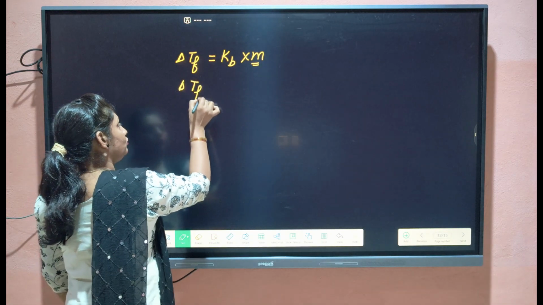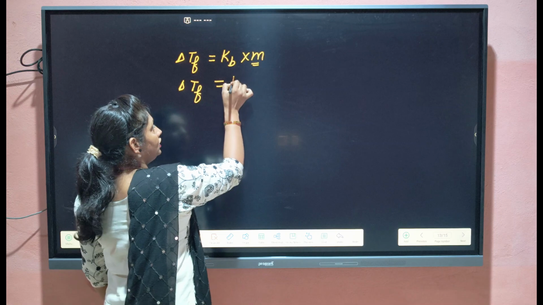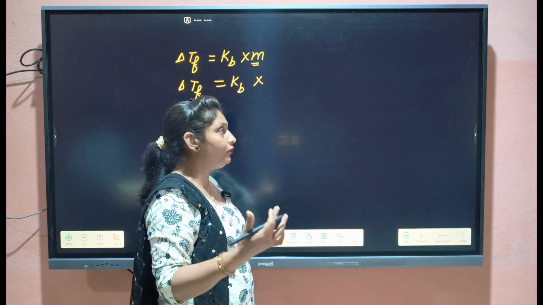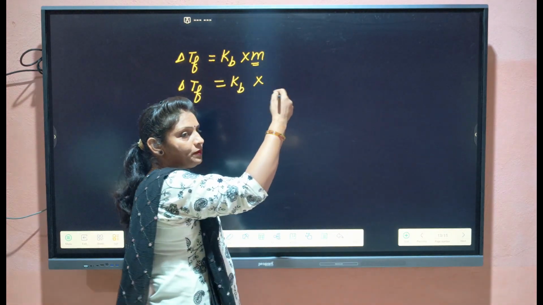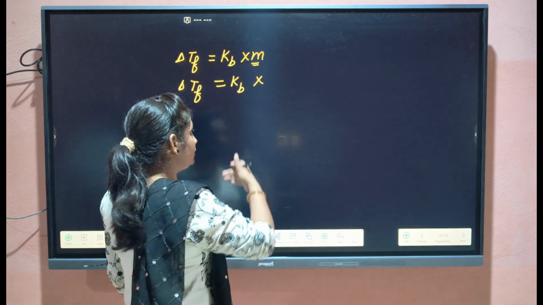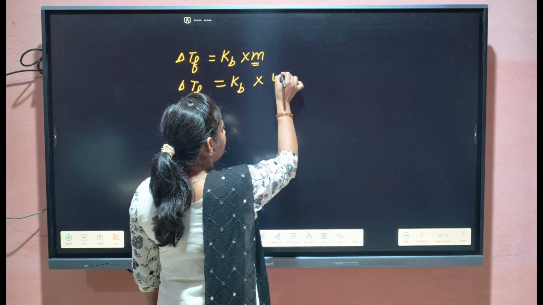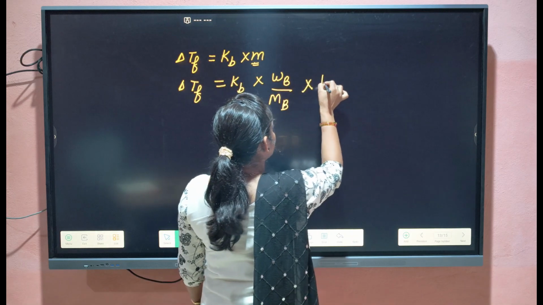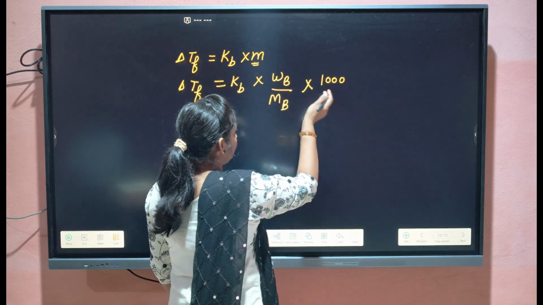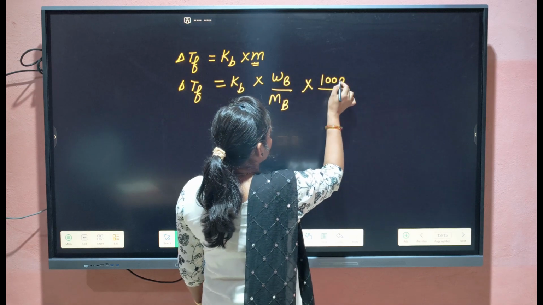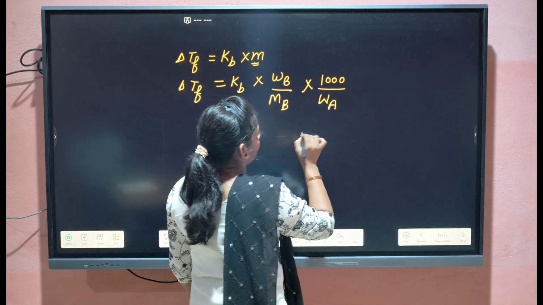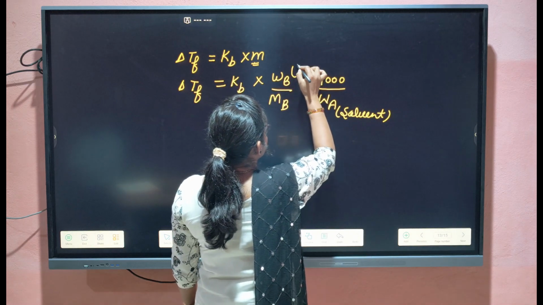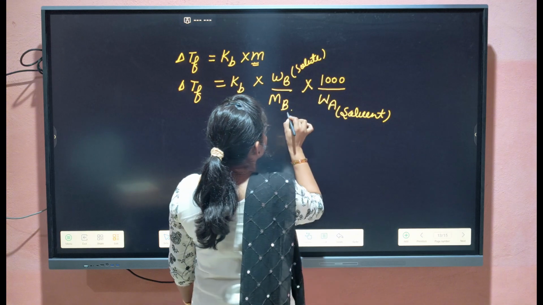Here we can calculate the molecular mass of the solute. Molality, as we have already discussed in the case of elevation in boiling point, is the number of moles present per kg of the solvent. So the number of moles we can calculate as given weight of solute by molecular weight of solute. And if the weight is given in grams, we can convert it into kilograms, so 1000 by the given weight of the solvent. Here this is the weight of the solvent, and this is the given weight of the solute.